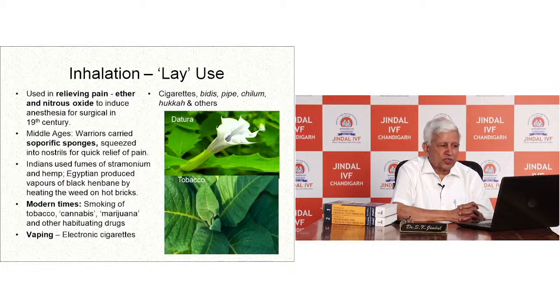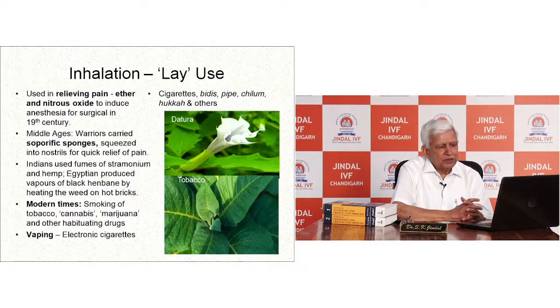Ether and nitrous oxide have been used recently to induce anesthesia in surgical operations during the 19th century and so on. In the Middle Ages, people, or the warriors in particular, used to carry sponges with the drug squeezed in, and then the drug was squeezed into the nostrils for quick relief of pain, you see.